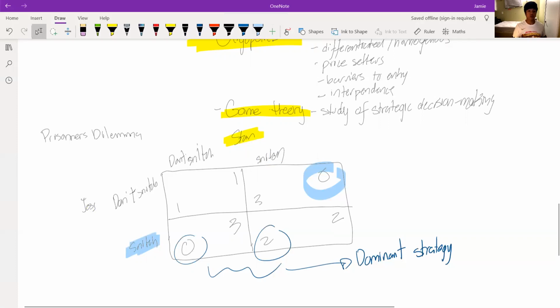Stan's best move is also to snitch. Stan also has a dominant strategy, to snitch. So Stan and Jess's dominant strategy is to both snitch. As a result, when they both play the dominant strategy, this leads us to this cell, which is called the Nash equilibrium.